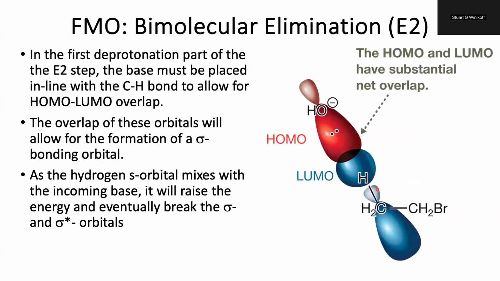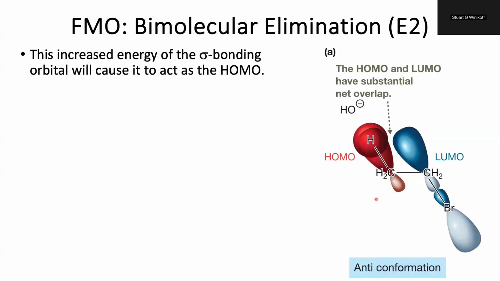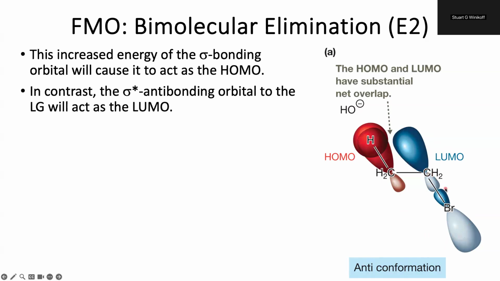Because as I'm increasing the energy of both this antibonding and bonding orbital, it is now higher in energy, making it the HOMO, the highest occupied molecular orbital, in the remaining molecule. So now it can donate its electrons into the LUMO. The LUMO is actually going to be the sigma antibonding orbital to that leaving group.